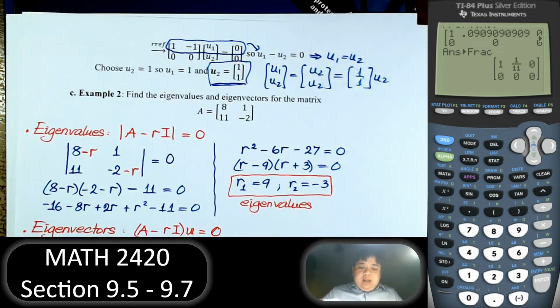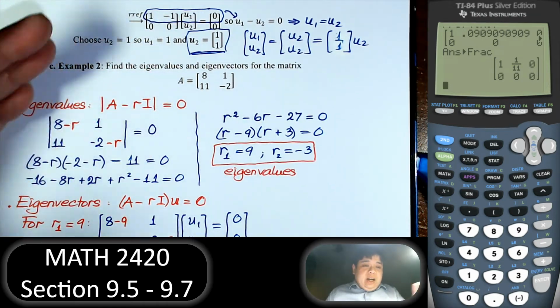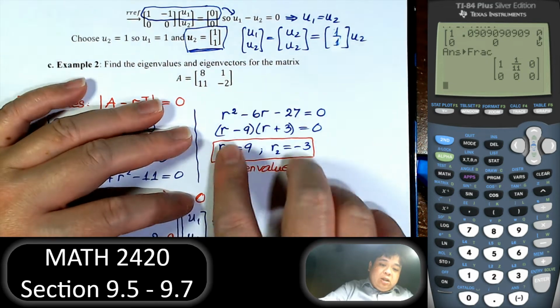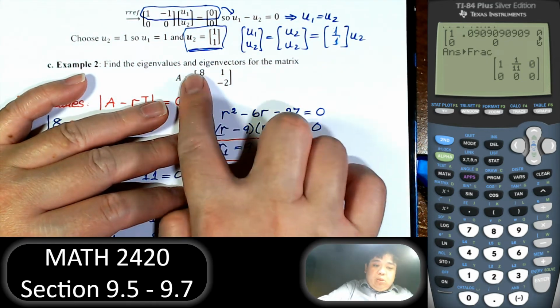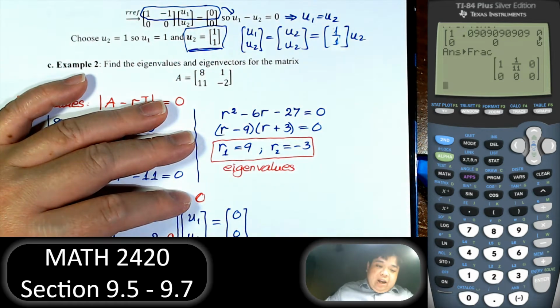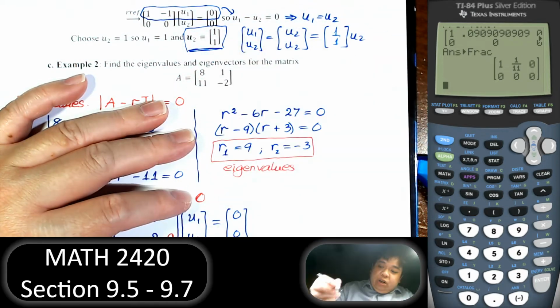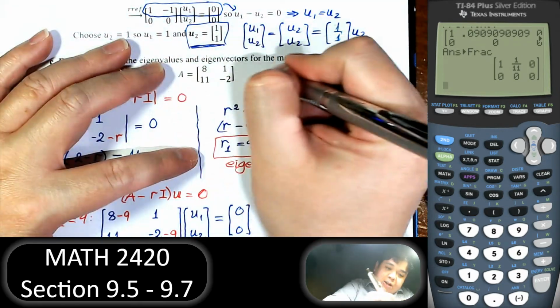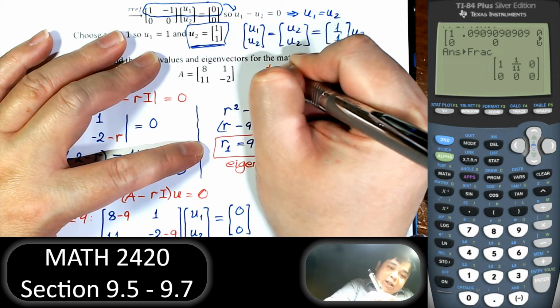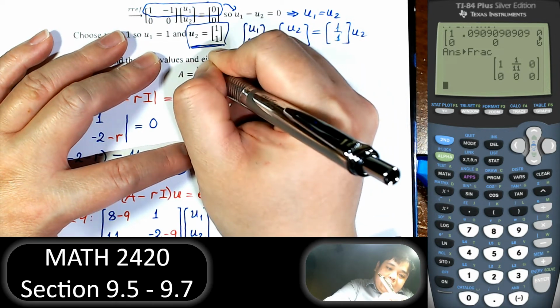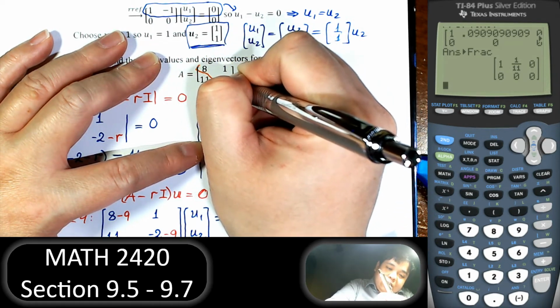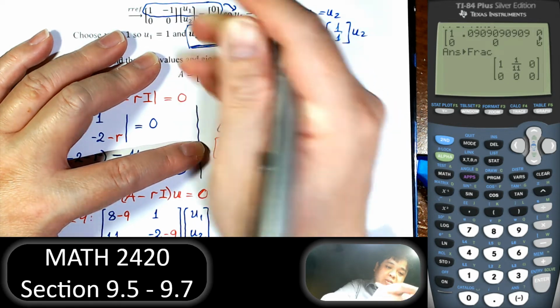By the way, just a quick check, when we have a 2 by 2 matrix, what we define to be the matrix A, the trace of A is going to be the sum of the diagonal entries.